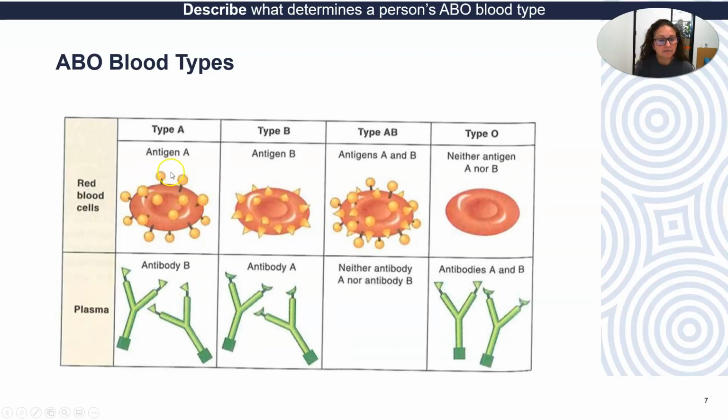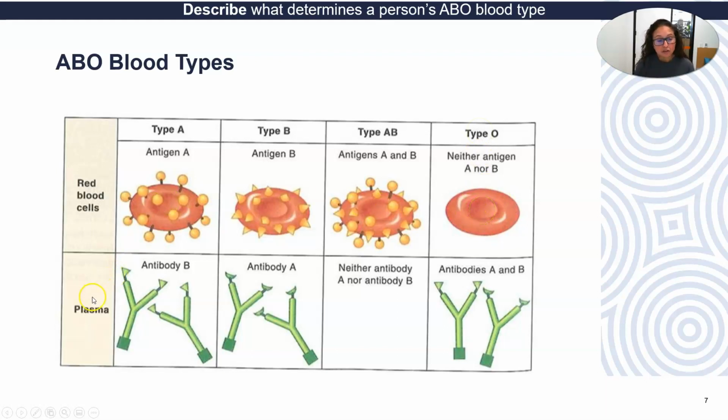If you have type A blood, you have A antigens sticking out of your red blood cells. If you have type B blood, you have B antigens. If you have A and B, you have both. See the circles and the cones. If you are type O blood, you don't have any.